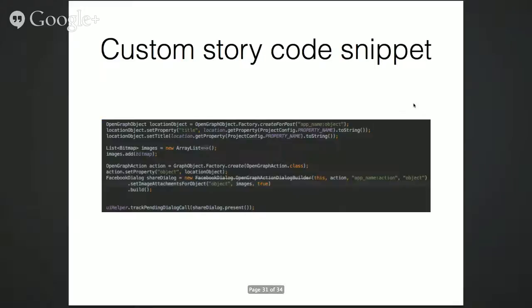I didn't manage to implement this in the demo application due to some problems with Facebook which have been present in the last 2 or 3 weeks. So I have just made a code snippet. We define the Open Graph object, we define the Open Graph action, and post this to Facebook by using the Facebook dialog.